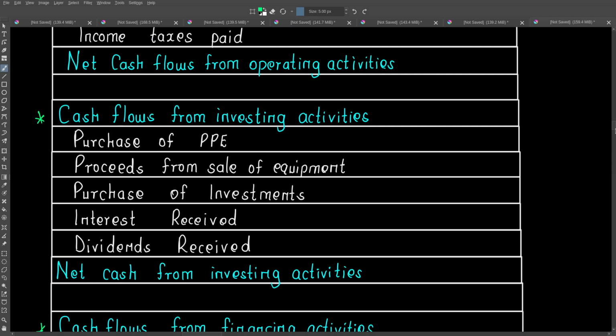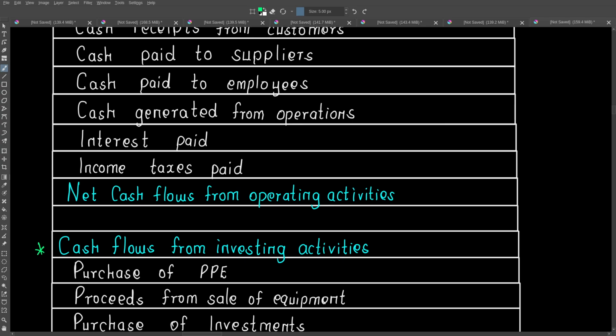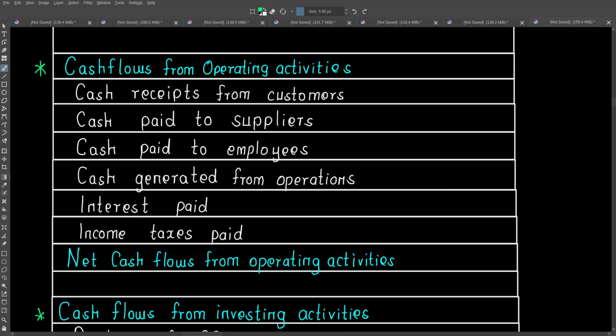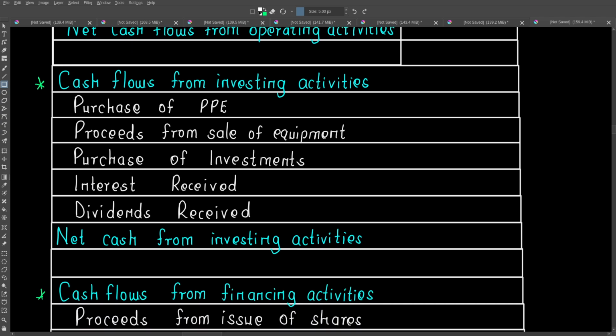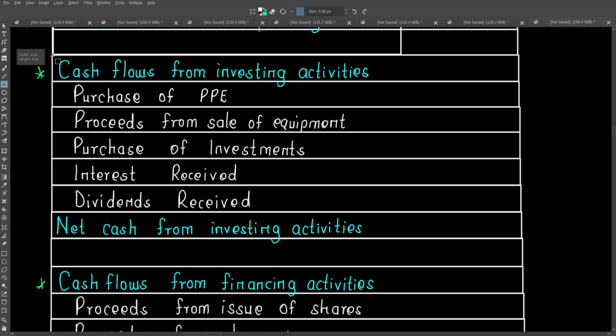So these need to be represented. Let us start with the cash flow. Let's have this here so that we're able to see how we record these.